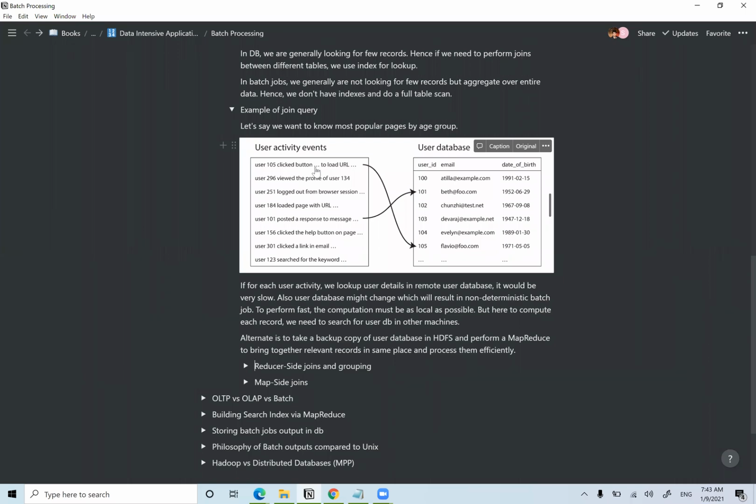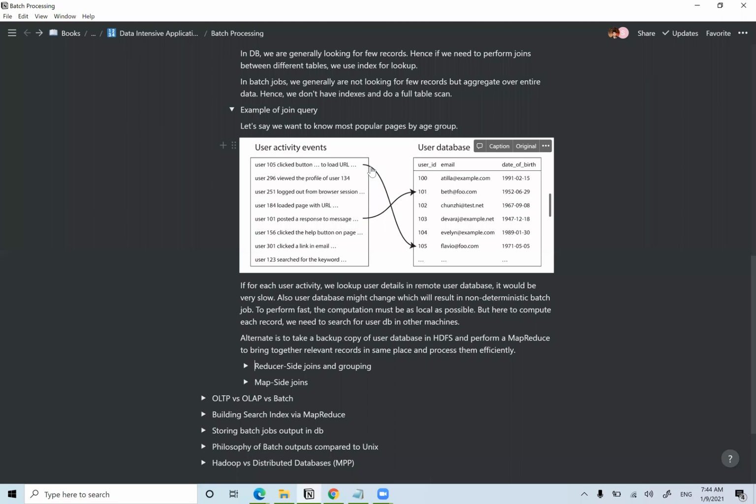One simple way to do this is that for each record, you go to the user database and find the age of that user, and then you have joined these two data sets. So for each user activity you're making a remote call to this database.